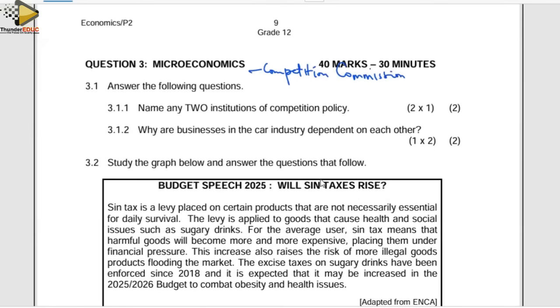That's number 1. Then we have the Competition Tribunal. And then lastly, we have the Competition Appeal Courts.